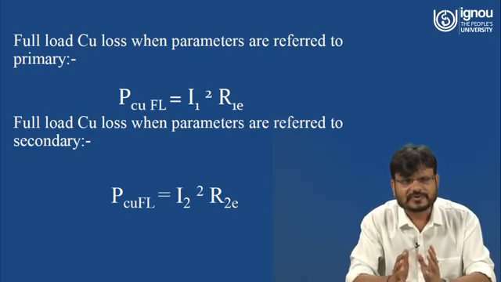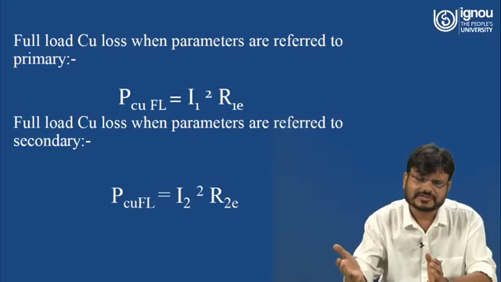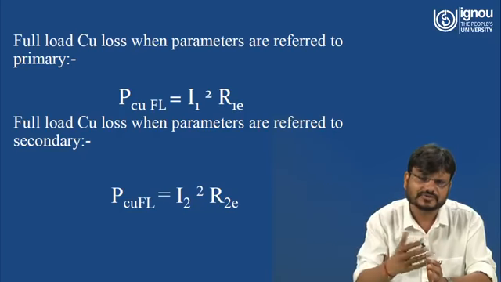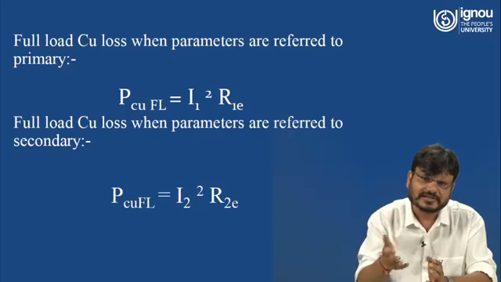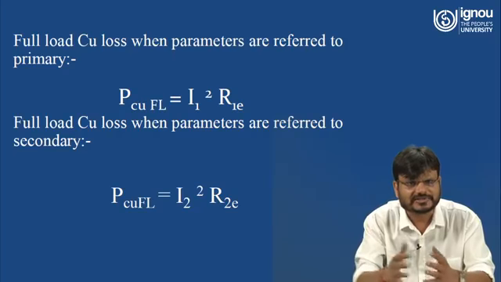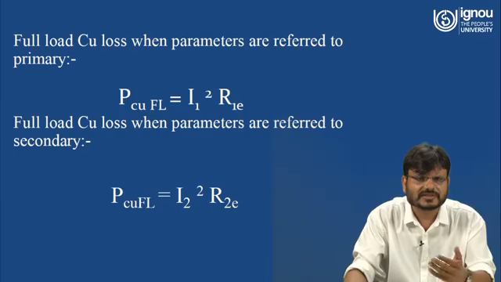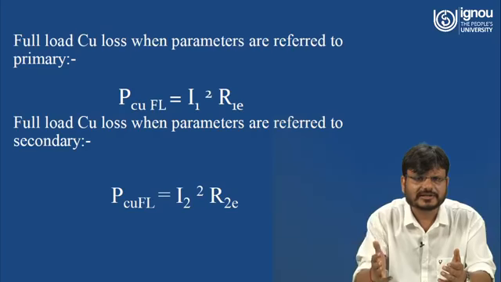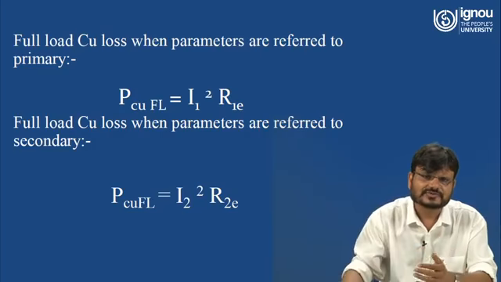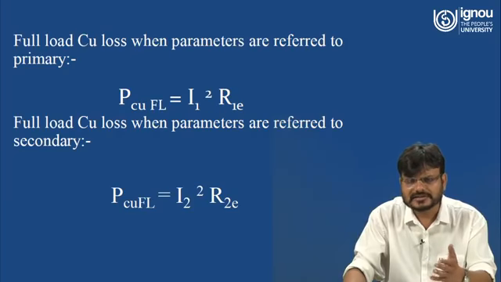Now suppose you want to calculate the full load copper losses when all the parameters are referred to the primary side. The secondary resistance can be transferred to the primary side. As you know, any resistance can be transferred to either side, primary or secondary, by a formula which has already been discussed. So the copper losses at full load can be written as I1 square into R1E, where R1E is the resistance when all the winding resistance is transferred to the primary side, and I1 is the primary current in the transformer.